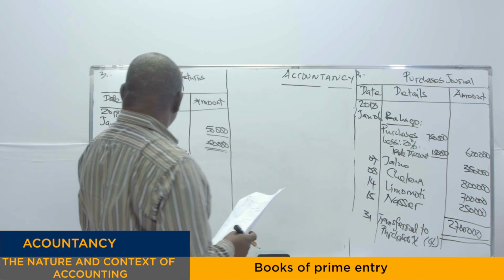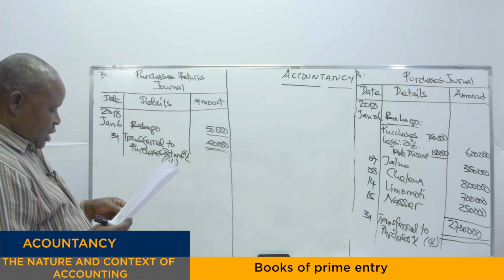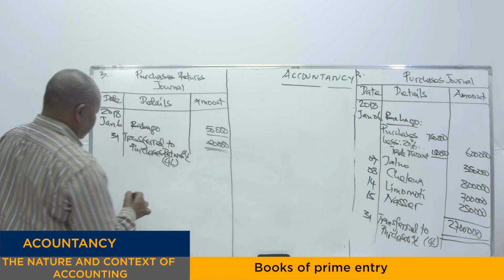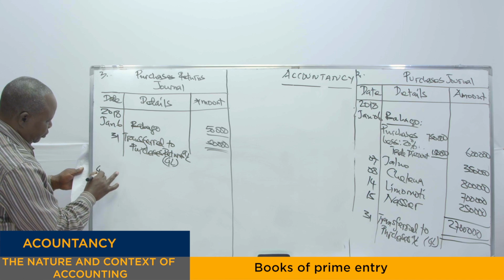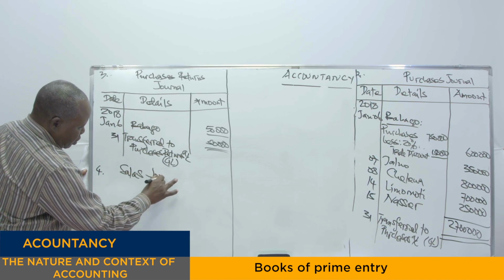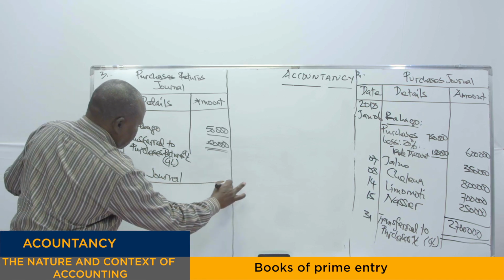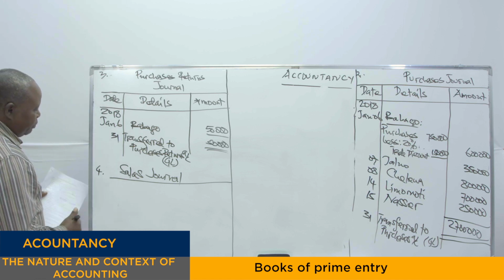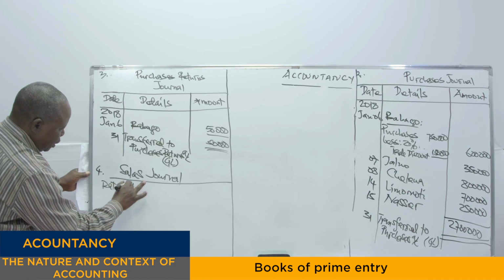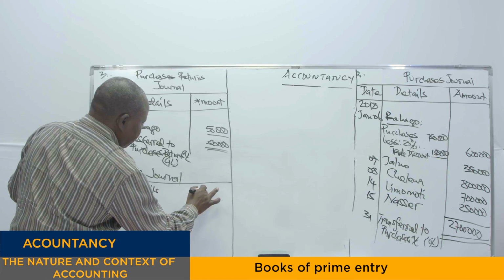The fourth one is the sales journal. Of course, sales journal, this is number 4. Okay, we'll have the same columns for date, details, and the amount.